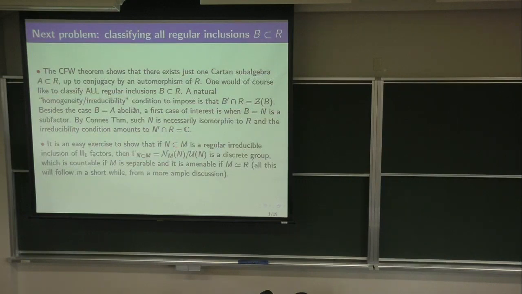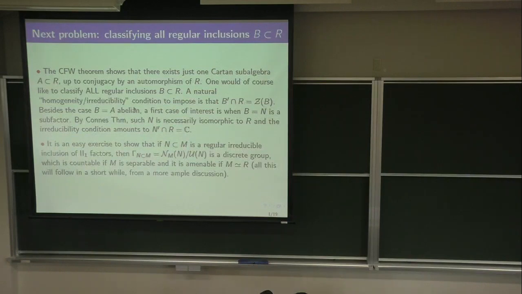So if N is a subfactor which has trivial relative commutant in another factor, this doesn't depend, of course, on the ambient factor being R, with trivial relative commutant and regular, then you have this normalizing group, and in fact M will be a cocycle cross product with this group. Okay, so this is a general fact, and it's very easy.